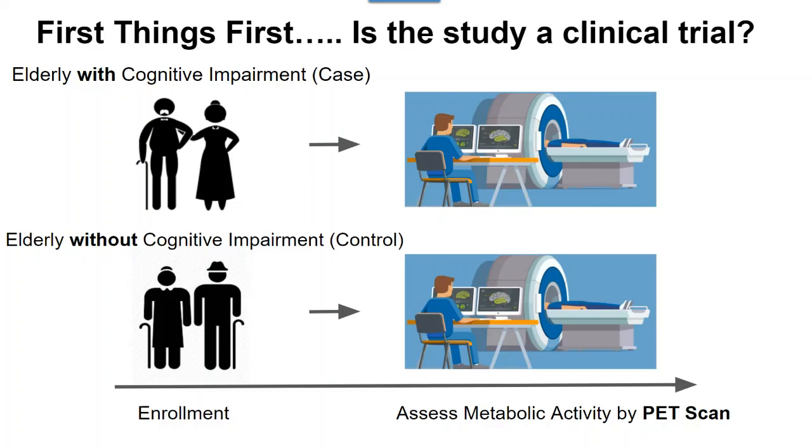So PET scan in this example is just an observational tool, not the intervention, because you're not assessing the effect of PET scan in this study. So therefore, it does not meet any of the previous definitions of clinical trial that are set by NIH, FDA, and ICMJE. So it does not require ct.gov registration.